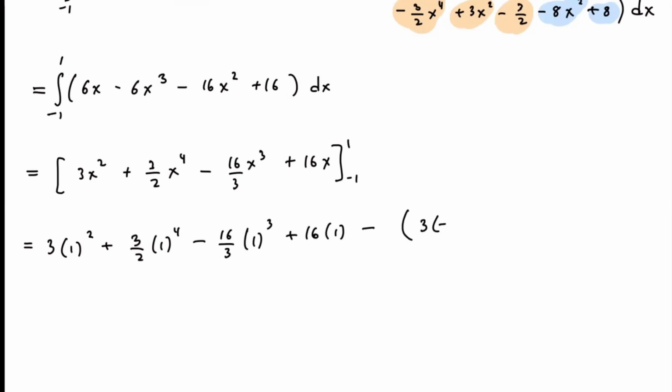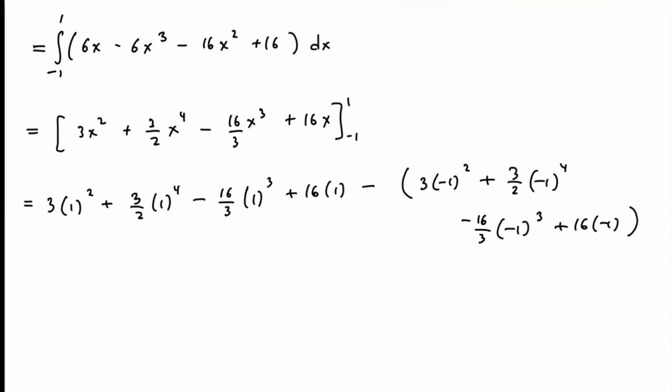So we'll have 3 times (-1) squared, plus 3 over 2 times (-1) to the 4th, plus, no, sorry, this term is minus 16 over 3 times (-1) cubed, and plus 16 times -1. All right, so let's clear this up very carefully. So we will have a 3 plus 3 over 2 minus 16 over 3 plus 16.